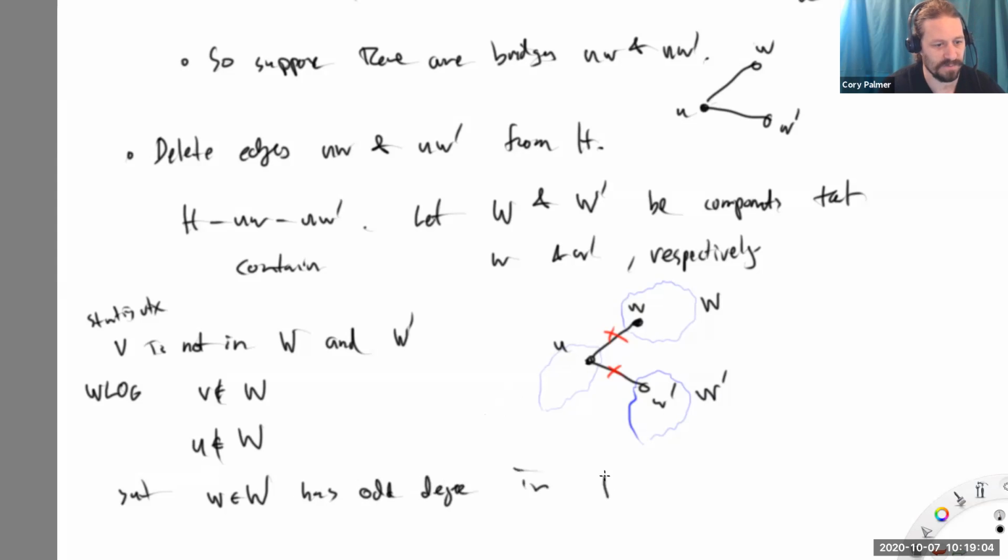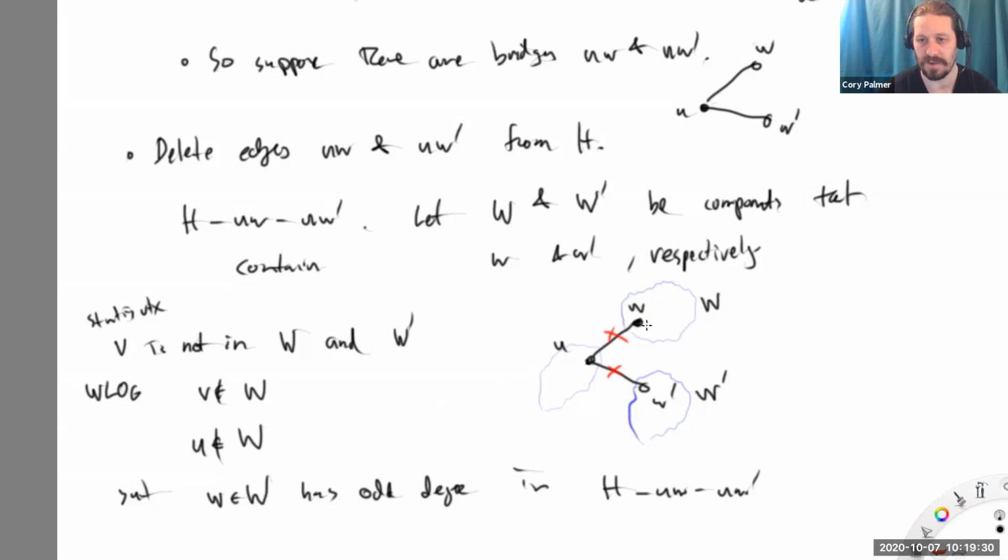And just to emphasize, in this graph, H minus UW minus UW prime, with these red edges removed, w has odd degree. Now, big W is a component. So big W itself is a graph, a subgraph with all the edges in there. If I have an odd degree vertex in this W here, what does that imply?